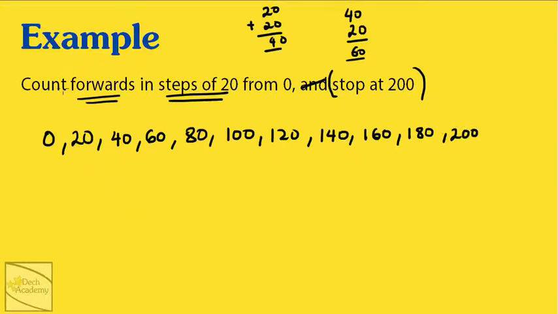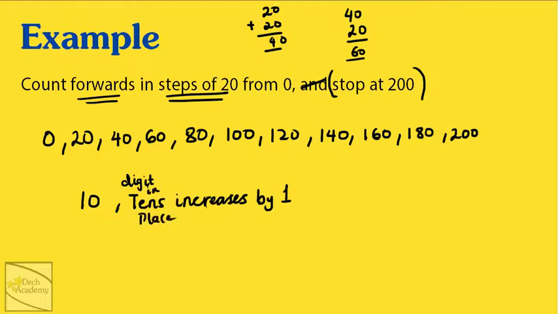Here's another approach. If you're counting forwards in steps of 10, the digits in the tens place increase by 1. If you're counting in steps of 20, the digits in the tens place increase by 2.